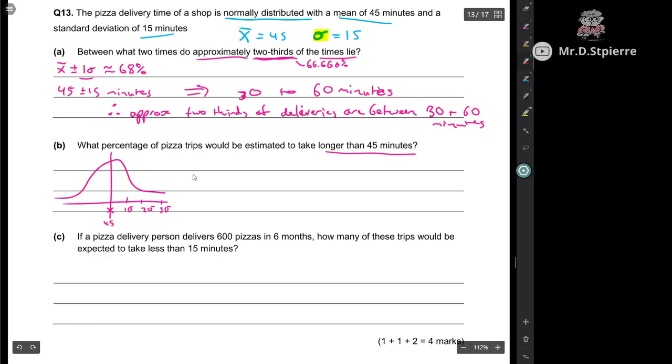It is asking for the probability of everything here greater than 45 minutes. Since 45 minutes is our mean and a normal distribution is symmetrical, the top half and the bottom half are reflected, so approximately 50%. 50% of deliveries are longer than 45 minutes.